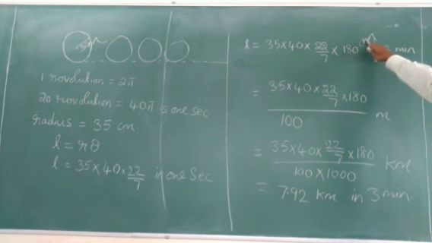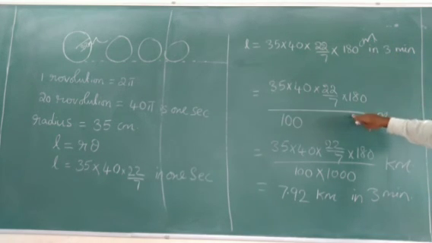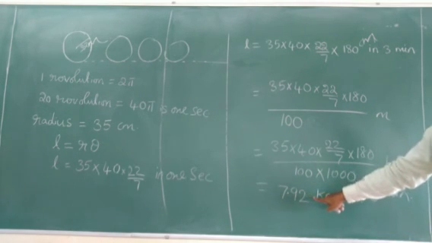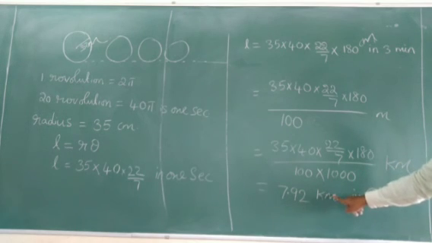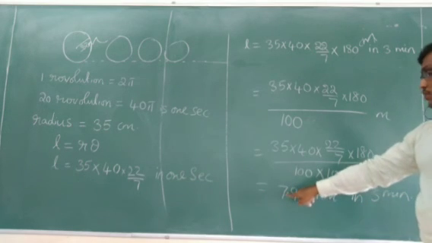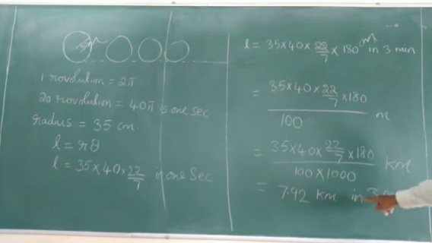Now convert centimeters into meters by dividing by 100, then meters into kilometers by dividing by 1000. The options are given in kilometers, which is why we convert. So the answer is 7.92 kilometers in 3 minutes.